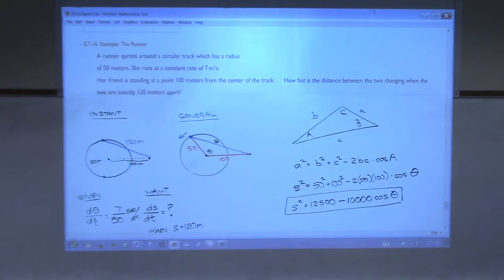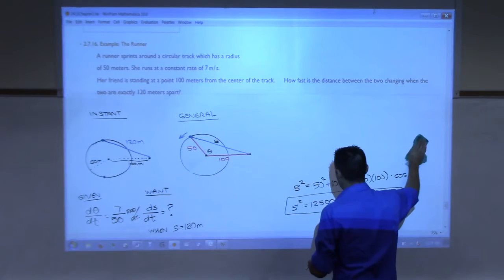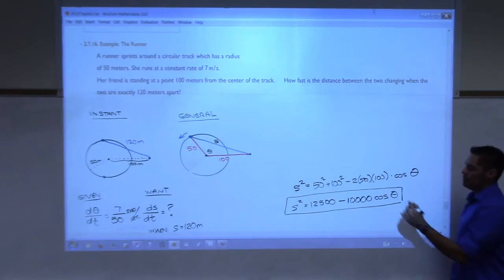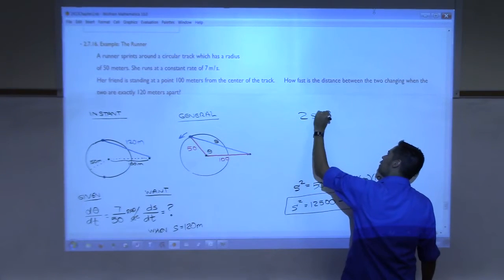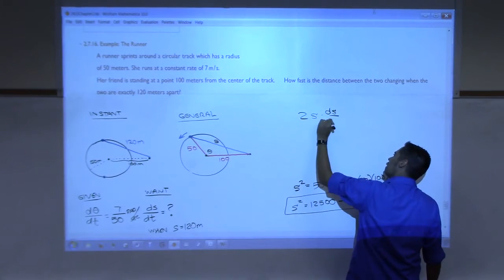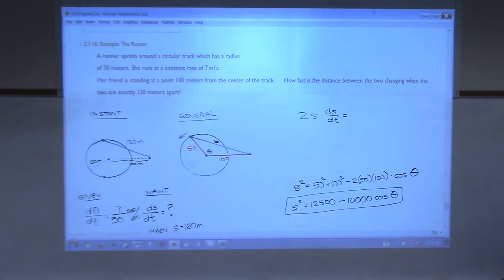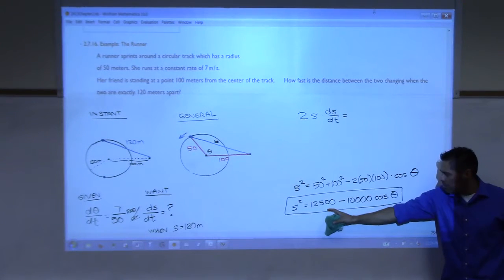Differentiate with respect to time. We're going to take the derivative with respect to time on the left side. What is the derivative of s squared? 2s times ds/dt equals, derivative of the constant by itself is 0.